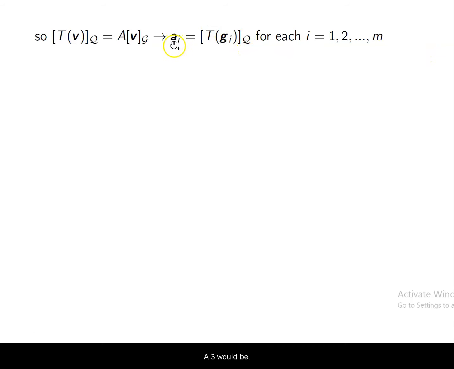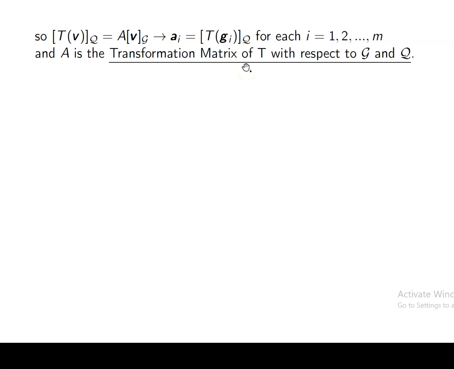So A3 would be the third basis vector transformed and then written in terms of Q. Okay. So A is called the transformation matrix of T with respect to G and Q. The order here matters. Okay, I'm going from G to Q. So A is with respect to G and Q, meaning we're going from G into Q.